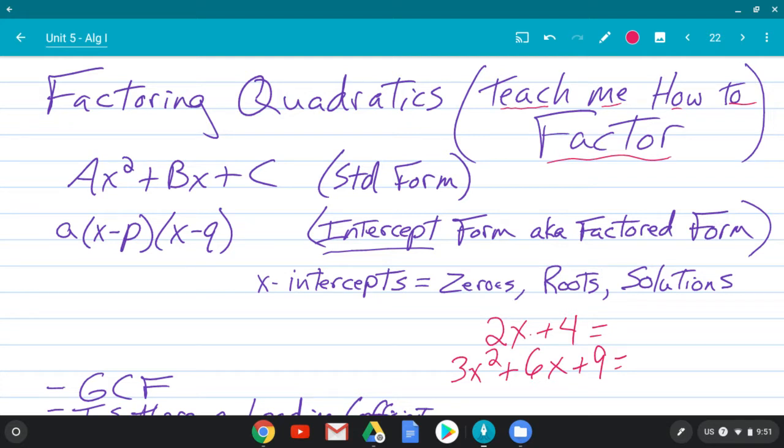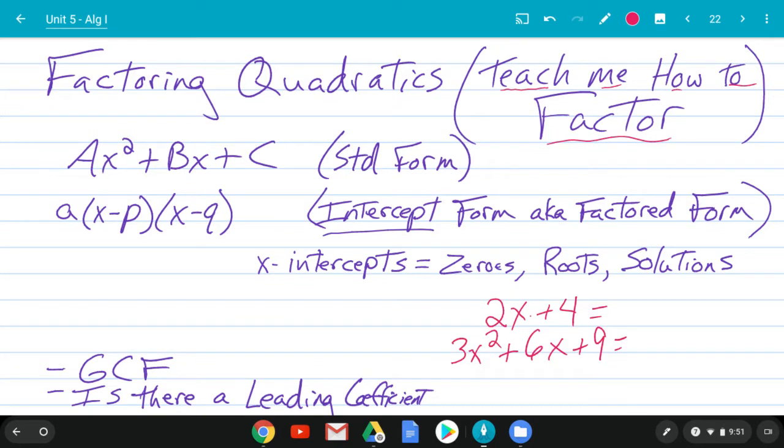Reminder, quadratics are expressions to the second degree. Their graph is a parabola. I want to remind you of the two forms that we've already dealt with: standard form and intercept form. Standard form is ax squared plus bx plus c.